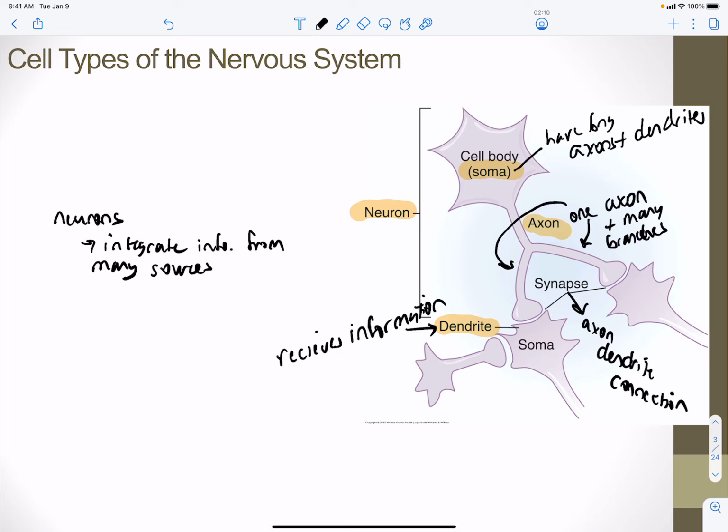And so this ability for a neuron to distribute information to multiple targets is simply called divergence.